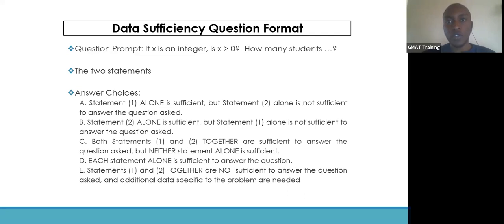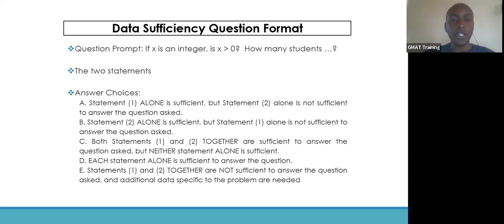Check the other statement independently and evaluate it the same way. Then, based on the sufficiency of each statement, you can find the answer choice you're looking for. Mostly I write A, B, C, D, E and eliminate while tackling the statements. The answer choices are the same for every data sufficiency question, so you need to master them.